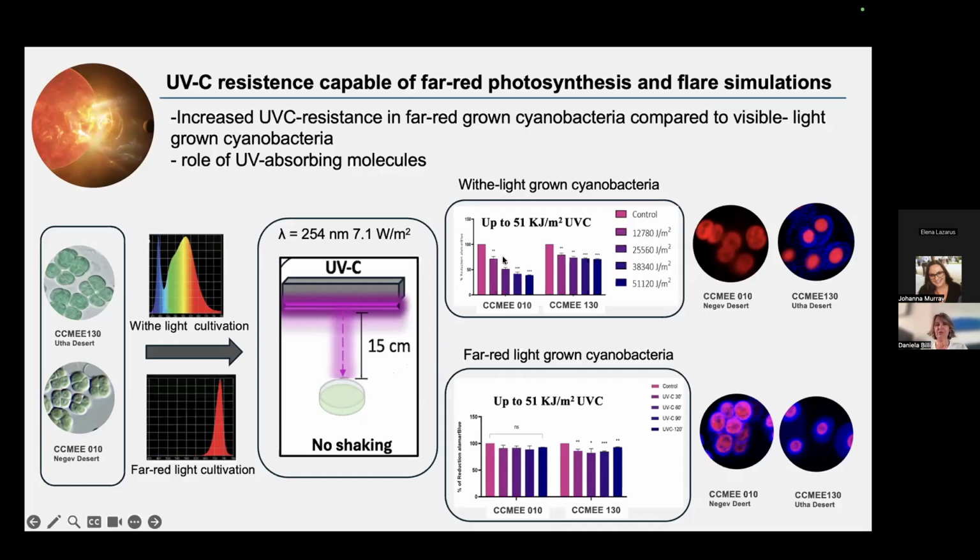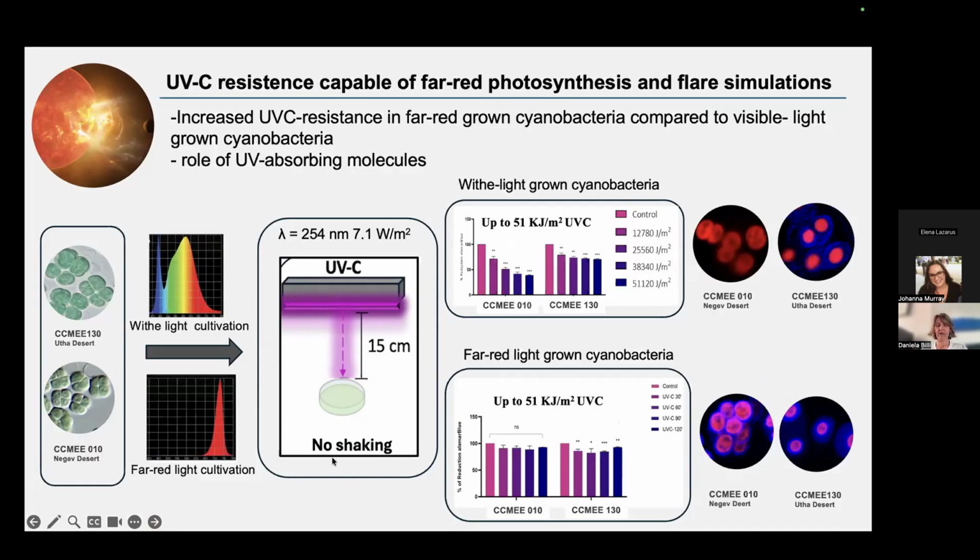And when we used the cyanobacteria grown under white light, we found that one strain was more resistant than the other. And 15 kilojoules is really a huge dose of UVC. We noticed that the strain that was more resistant also had some interesting UV-absorbent exopolysaccharides.